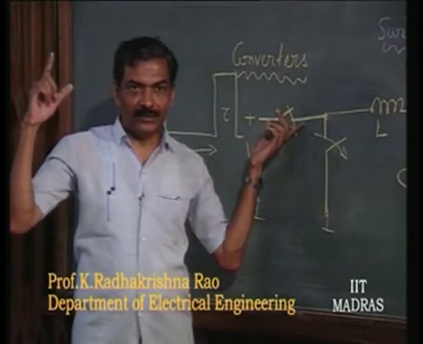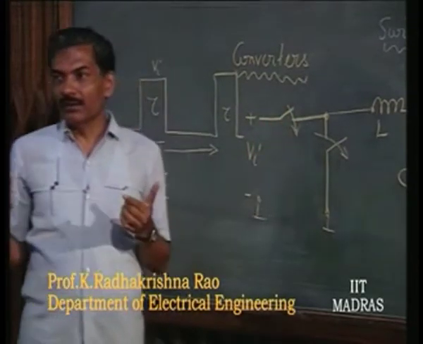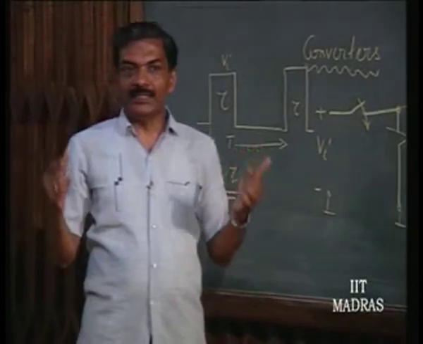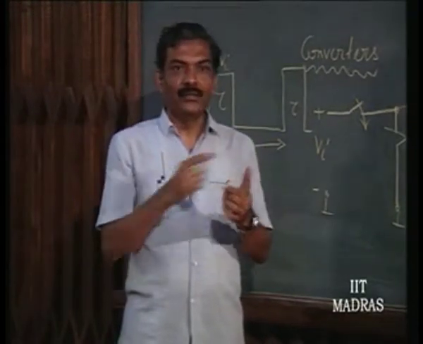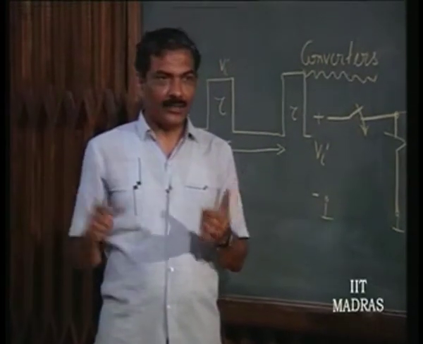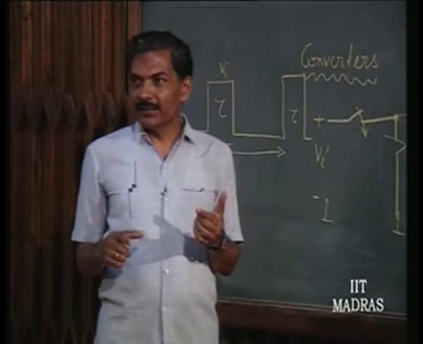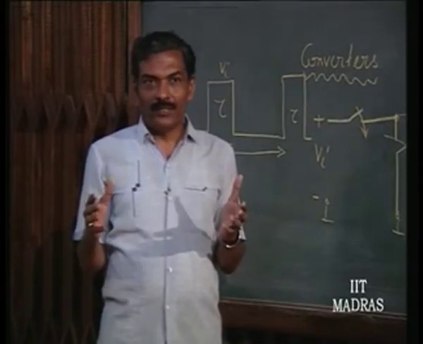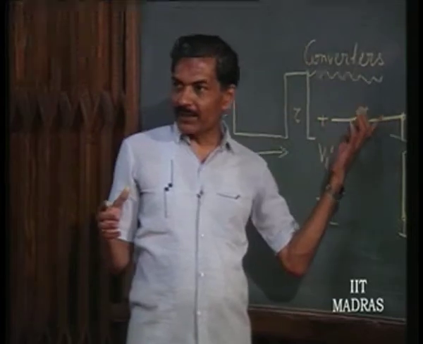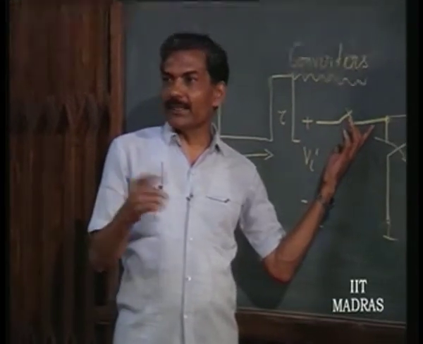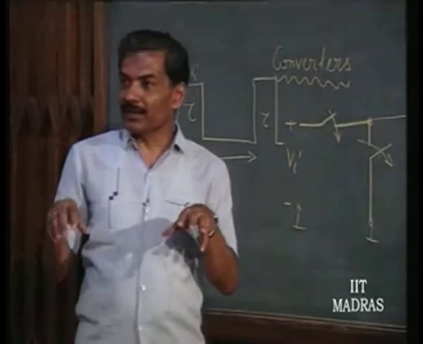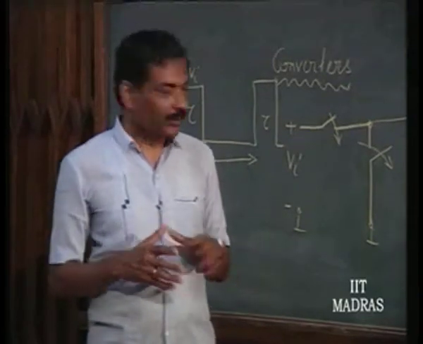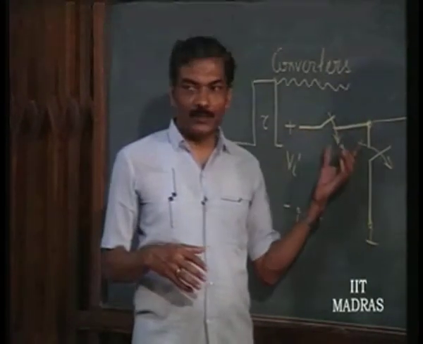When this diode or transistor is on, the power dissipated is VCE sat into I naught, whatever current is flowing through it. And when it is off, it is whatever voltage is coming across it into the leakage current, which is going to be very small normally. So these switches also dissipate power.